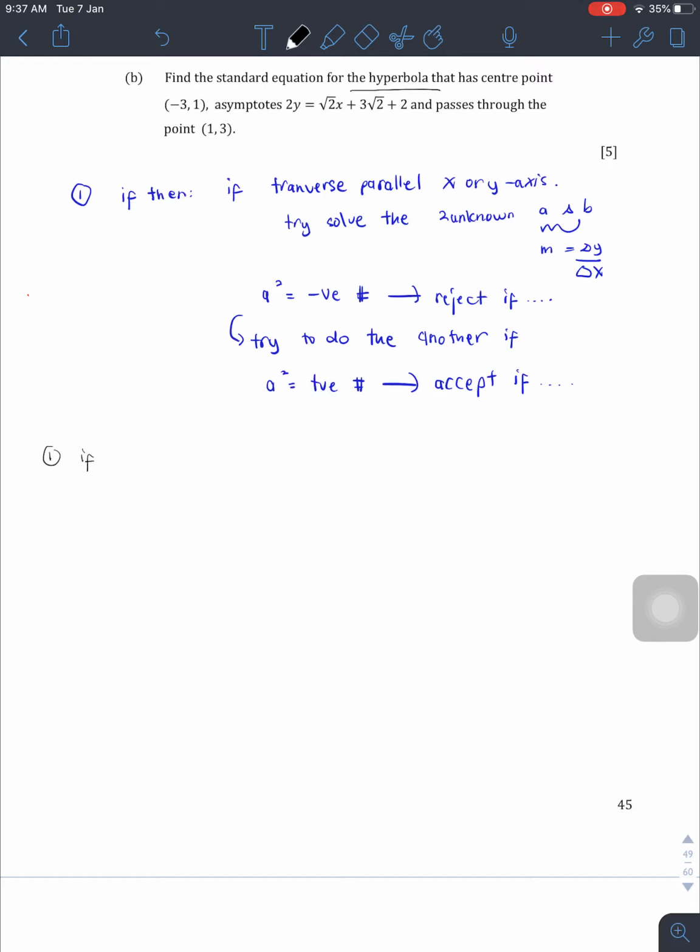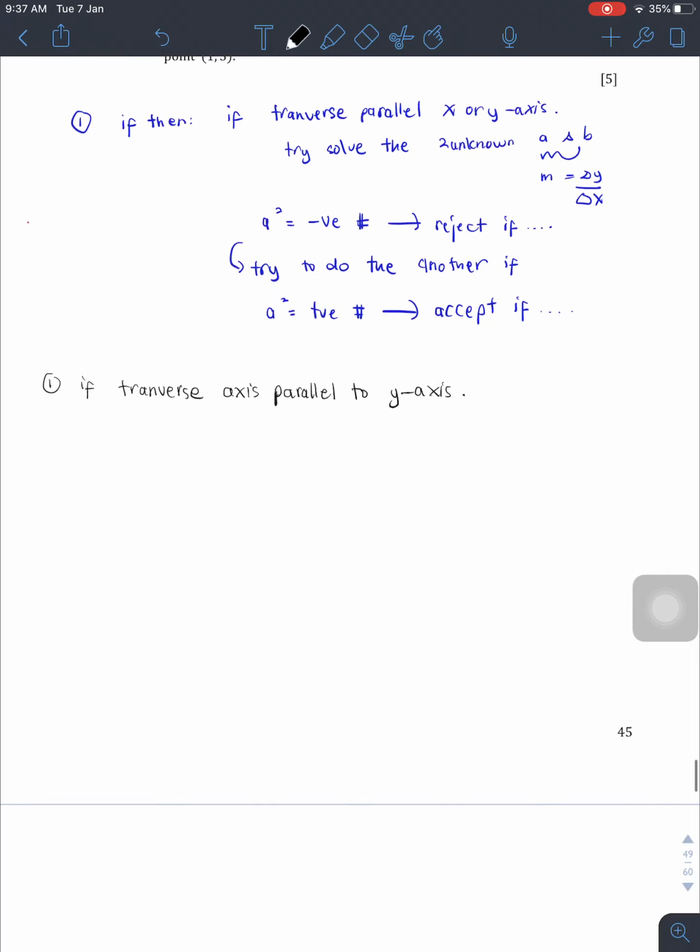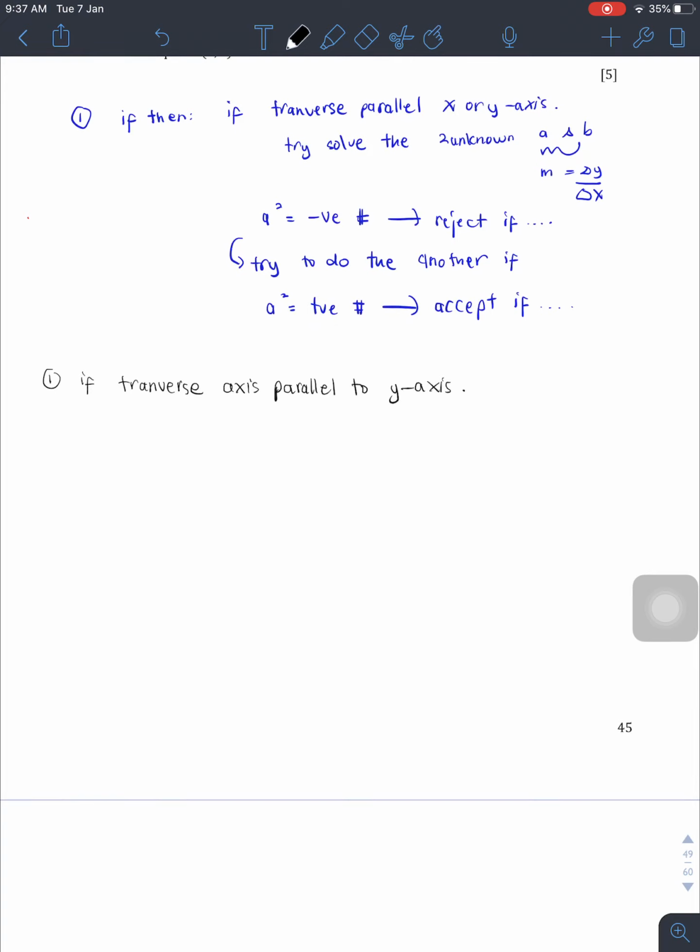Now, for example, I like my transverse axis parallel to the y-axis. Okay. Now what I would have is that my equation should be (y minus k) squared over a squared minus (x minus h) squared over b squared equivalent to 1.